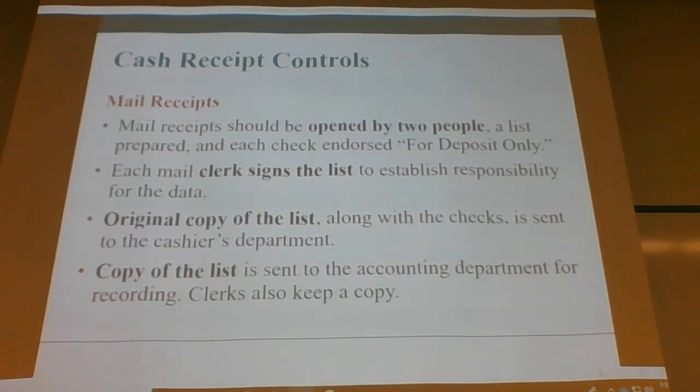There are some special rules for receiving payment by mail. Again, this is less common now than what it used to be, but ideally mail is opened by two people, or at least two people are present. Checks should be endorsed for deposit only, and in fact they should be deposited into an account which is set up only for deposits.